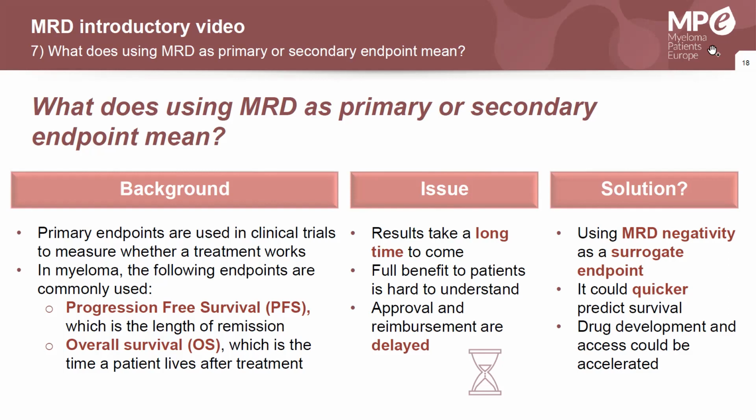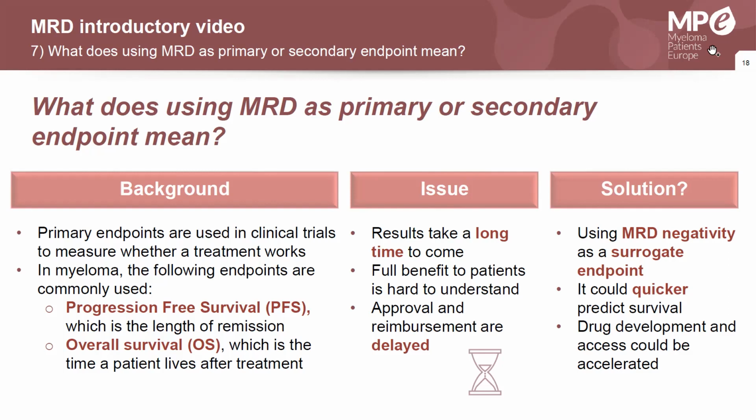In myeloma, progression-free survival, the length of remission, and overall survival, the length of time a patient lives after treatment, are used in clinical trials to assess whether a treatment improves patient outcomes and also how it compares to other treatments. But an issue with these is that they can take a long time to measure, particularly in myeloma, as patients are experiencing longer remissions and survival after effective treatment. This can make it hard for researchers to quickly understand the full benefit for patients of this drug and to make a case to regulatory and reimbursement bodies for approval.